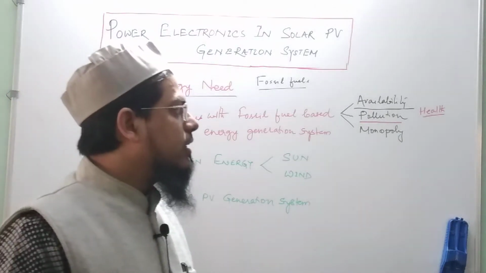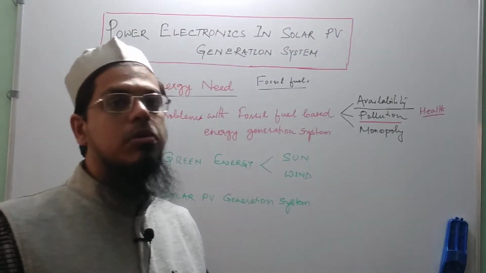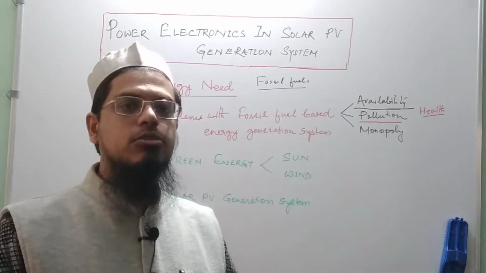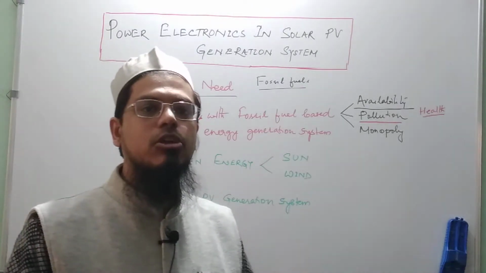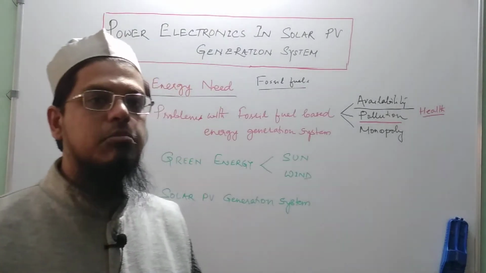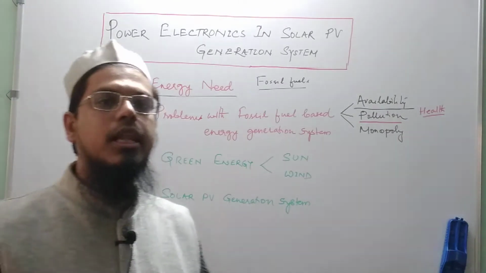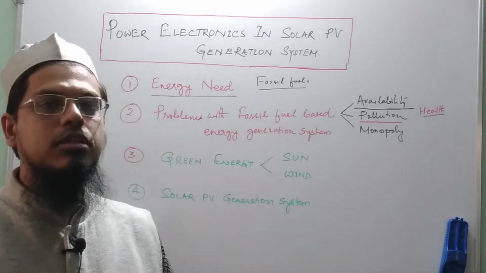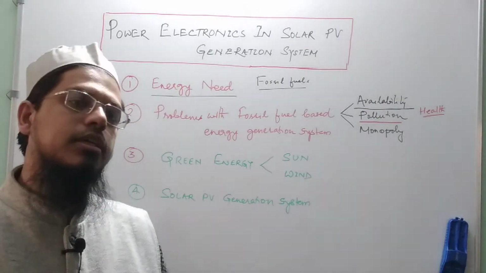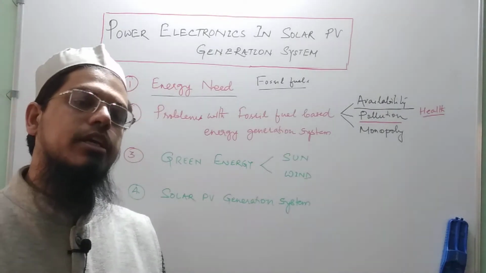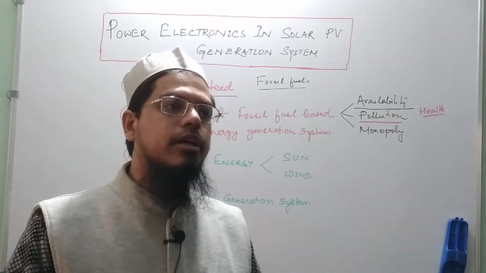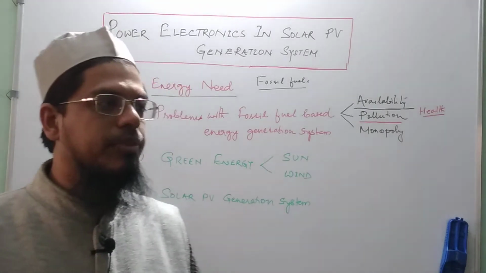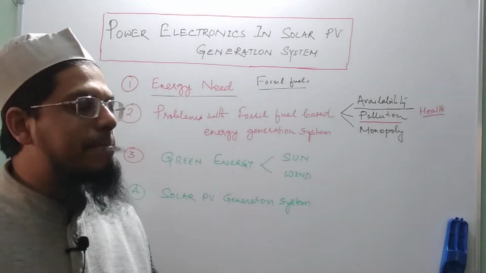Okay, the second issue is global warming. So this is also an ill effect of pollution. So we know that if the amount of carbon dioxide in the atmosphere exceeds a certain limit, then the temperature of the earth actually increases, to a point of no return actually.